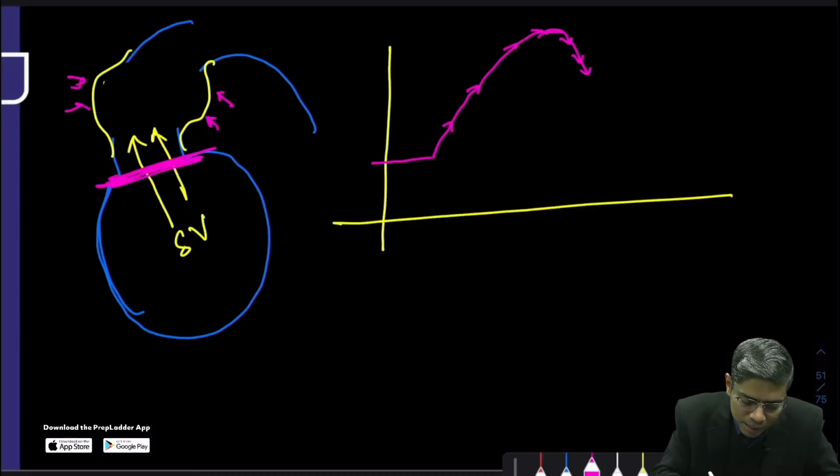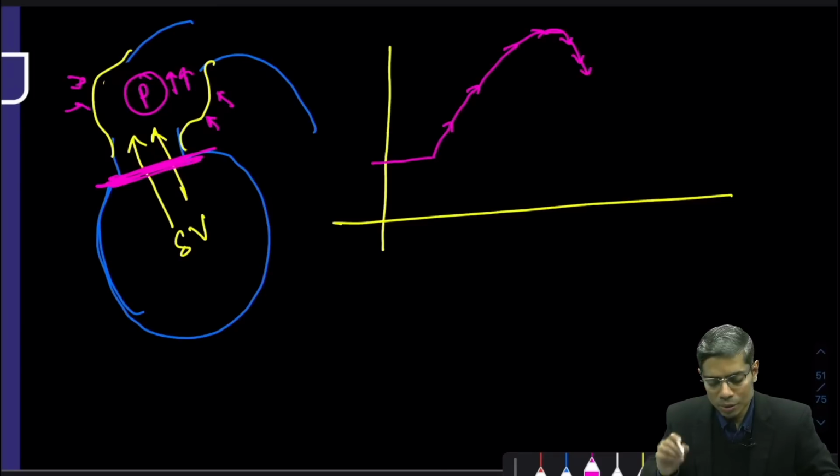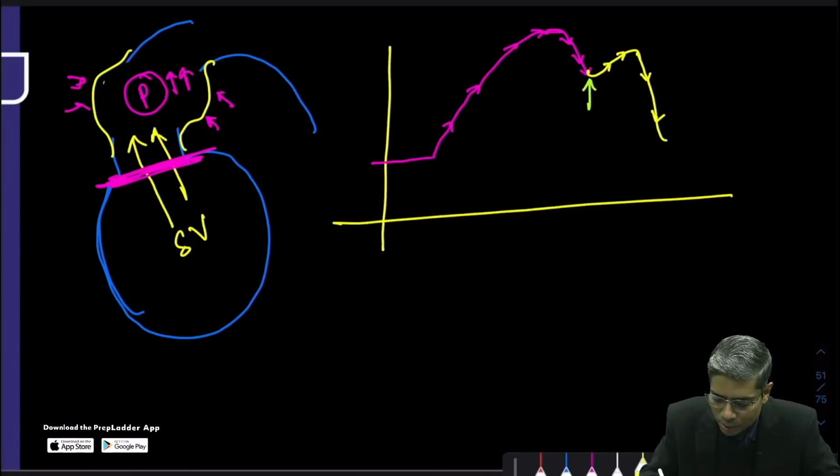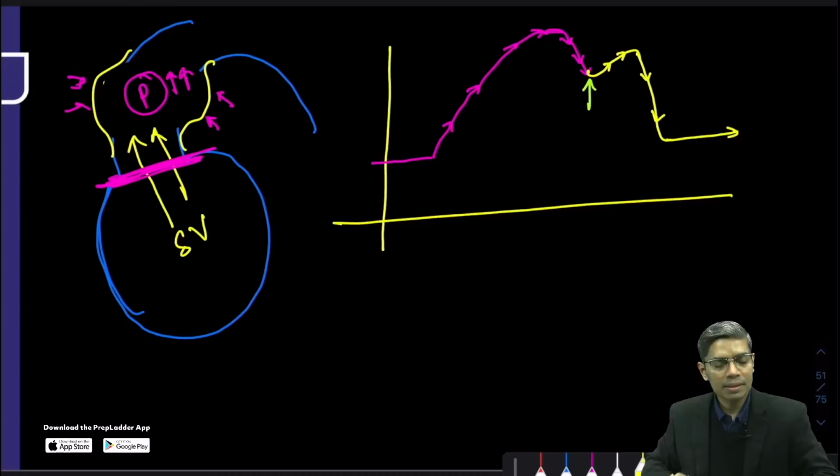It will put some pressure on the blood, so there will be an increase in aortic pressure once again. So whenever there is closure of the semilunar valves, after the closure there will be a little increase in aortic pressure once again, and then the aortic pressure will fall to a very low level like this.